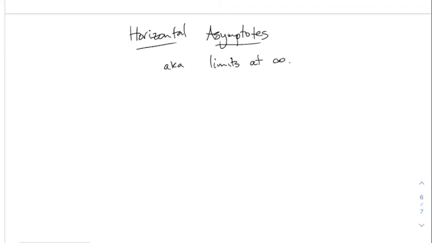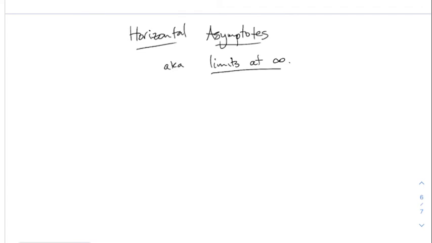Those are sort of synonyms. Horizontal asymptote is kind of a synonym for limit at infinity. I'm going to try and connect the dots about why those two phrases are the same.